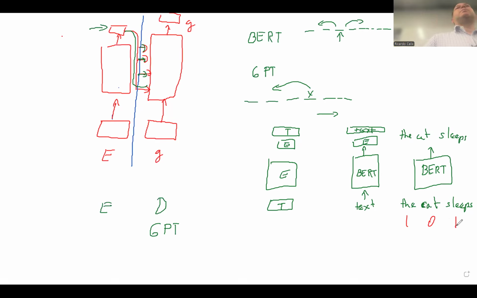So what do you think that means? Now they were trying to figure out, let's predict that missing word. Do you guys see that? That's essentially the idea of a BERT model.